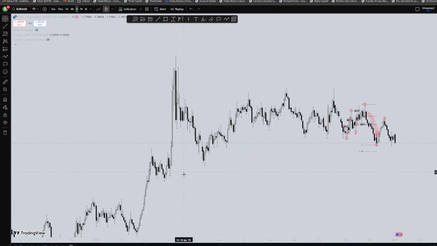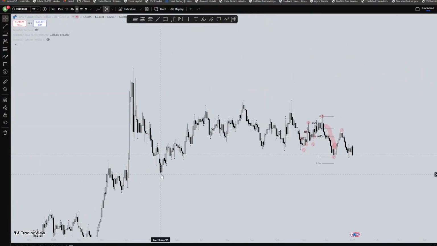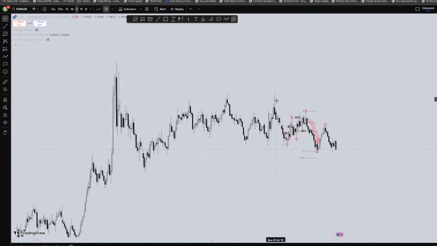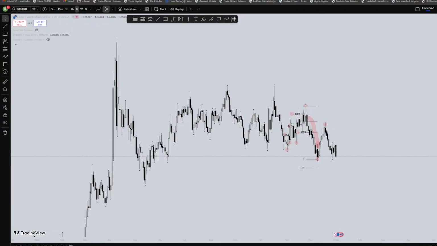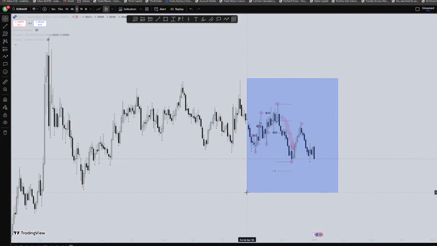So on the daily, had the peak, internal swing, came up, swiped, like a structure shift, another shift to sell, back, just took liquidity and ranged.